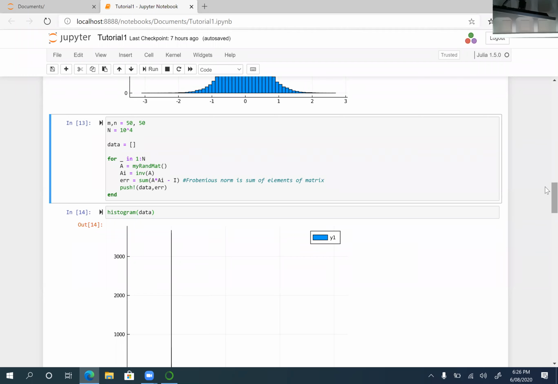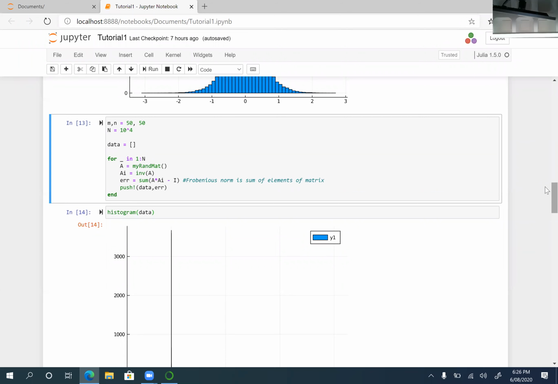Okay, so now when we subtract the identity matrix, what we should have is a matrix that contains entries that are all around 10 to the minus 15 or minus 16. Now, what we're doing when we calculate ERR is we're taking a sum of all of the entries in this 50 by 50 matrix.